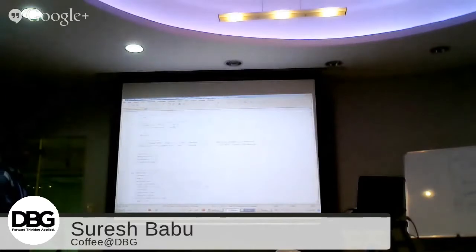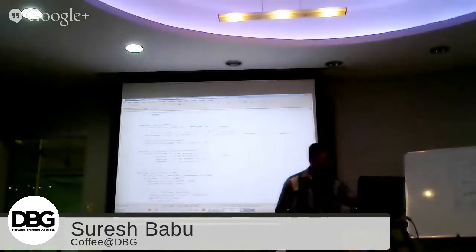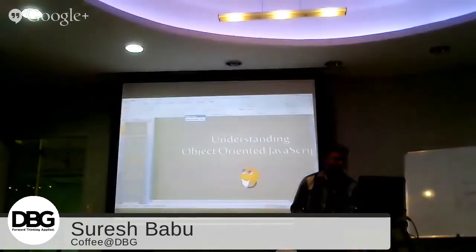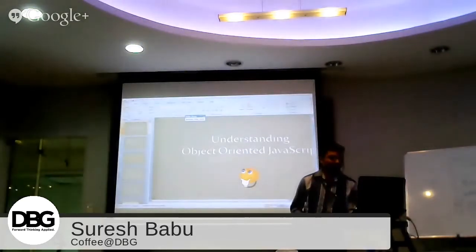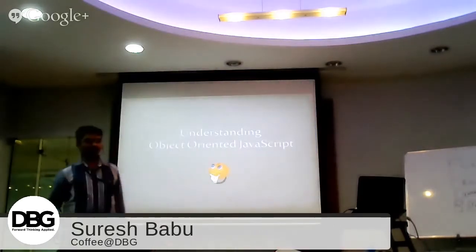If you go down this code, you can see a lot of things: this is one type of function, and this is another type. Probably you know these types of functions, right? We will check all these things in my session. So you will teach us how to edit that. Yeah, sure.